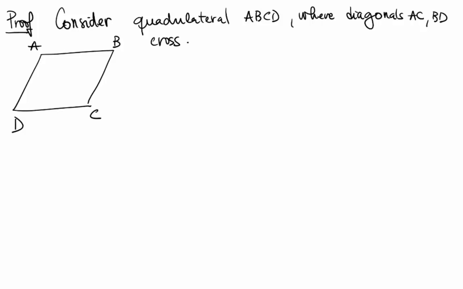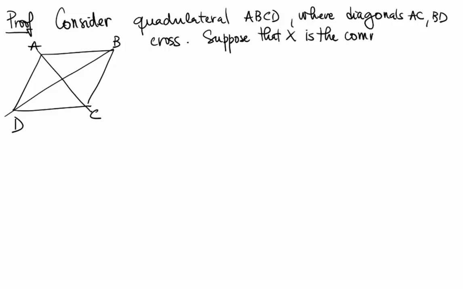So this is AC and this is BD. And suppose that X is the common midpoint to AC and BD. So we have X right here.